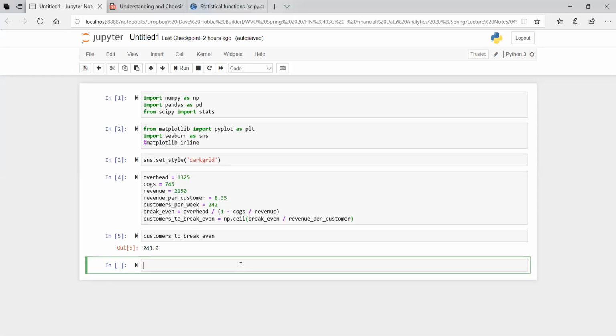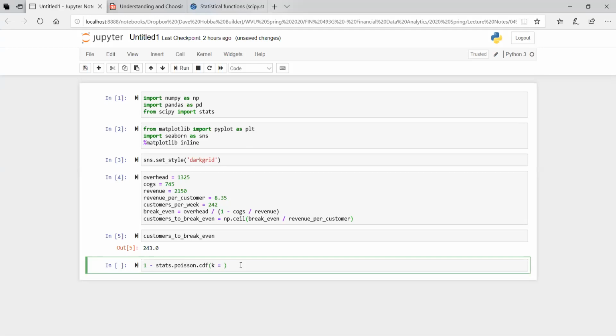Now we can solve. So let's do the probability of 243 or better. We would do 1 minus stats.Poisson.CDF. We're going to do a cumulative distribution function.